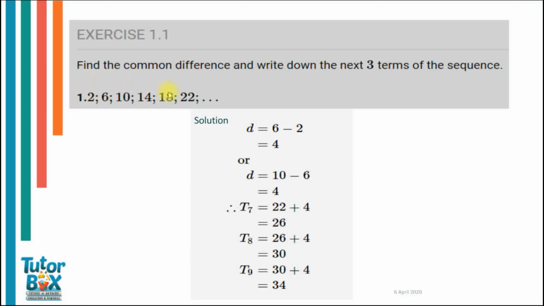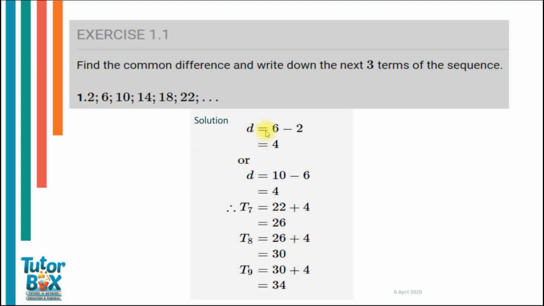We have 2, from 2 it goes to 6, 6 goes to 10, 10 goes to 14, 14 goes to 18, 18 goes to 22, and so on. To get my common difference, I'm going to take the second term and subtract the first term.